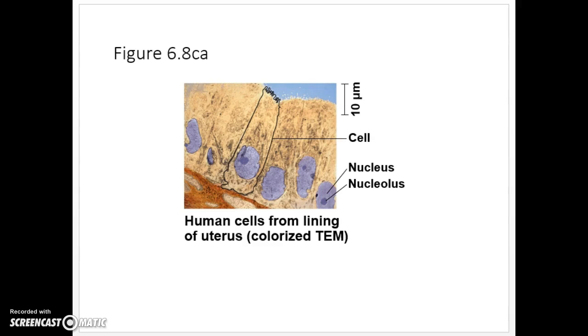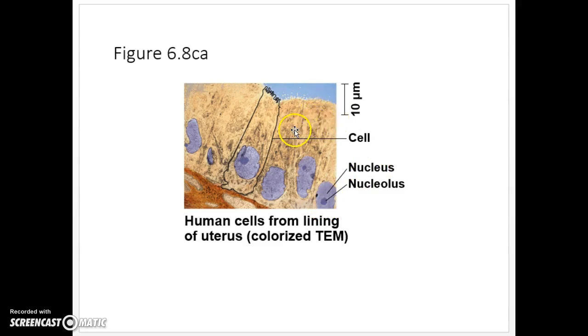There are many types of specialized cells in eukaryotic cells. So this one here is a human cell from the lining of a uterus. And you can see here the nucleus is very clearly stained. And you can see the nuclear membrane that's surrounding it. And then you can also even see the nucleolus, which is located within the nucleus.